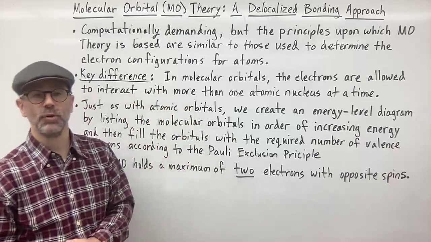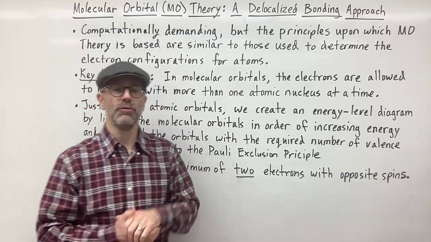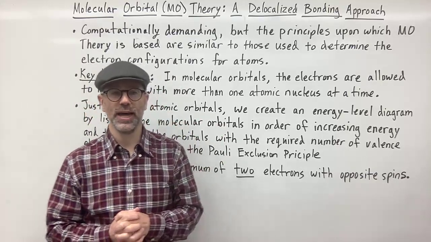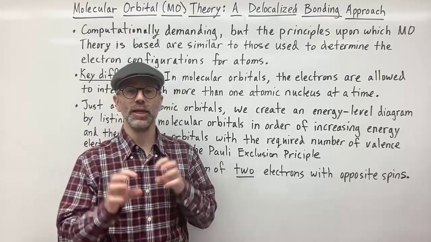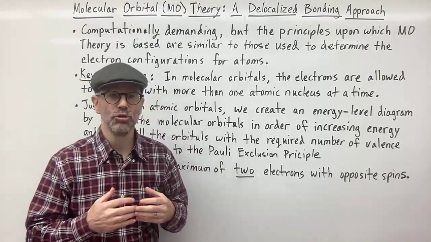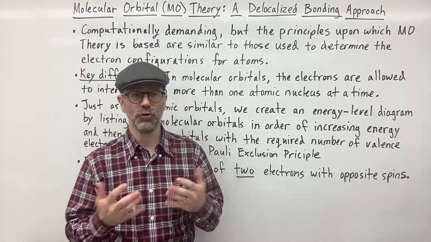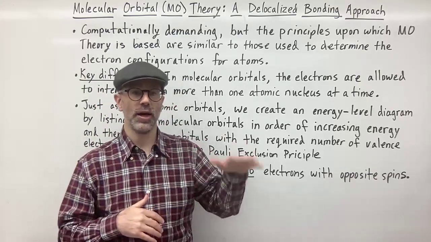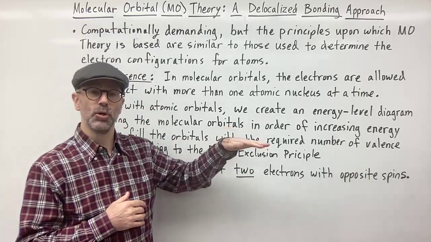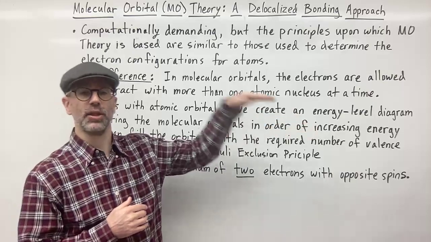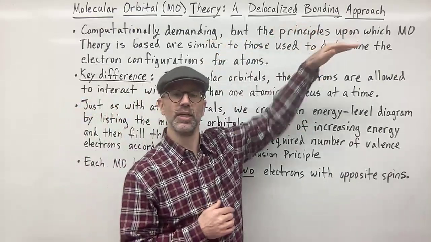When we do the electron configuration for atoms, we take an atom and figure out how many electrons are in the atom. Say, sodium, it has 11 electrons. Then we fill in the electrons according to the order and energy of the orbitals. We start with the 1s orbital on the bottom, then the 2s orbital, the 2p, then the 3s, the 3p, the 4s, and then the 3d, and so on.